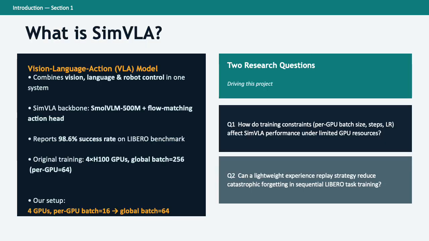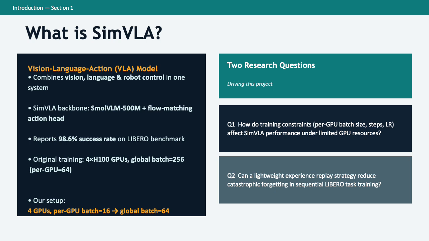So SimVLA is a vision language action model based on a small VLM 500M backbone and a flow matching action head. The original paper reported a 98.6% success rate on the LIBERO benchmark, using 4 H100 GPUs and a large batch size.